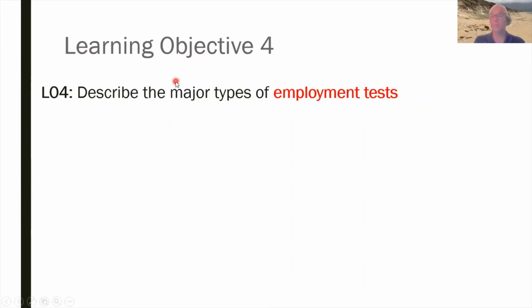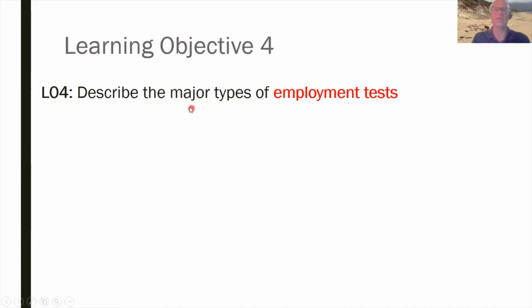Another, probably better way of getting information about somebody's crossbow skills is actually setting up a target, giving them 10 arrows and seeing how many bullseyes they get out of 10. An actual performance test. So that's the advantage of a test, where you actually demonstrate these skills and abilities.